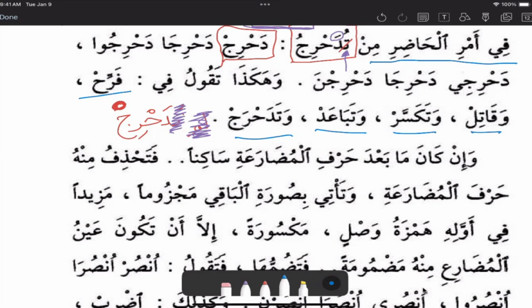They put a fatha on the hamza of akrim, the command. بناء على الأصل المرفوض, based on the rejected or disregarded origin. مرفوض from ra, fa, dad.